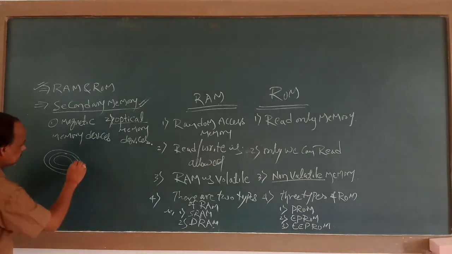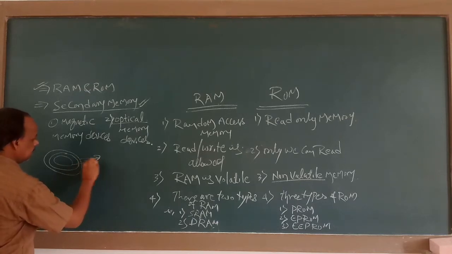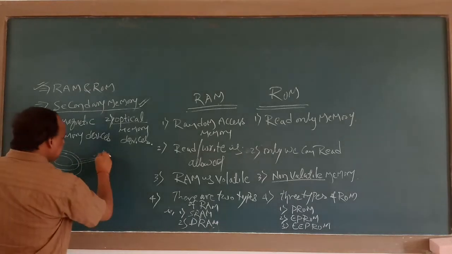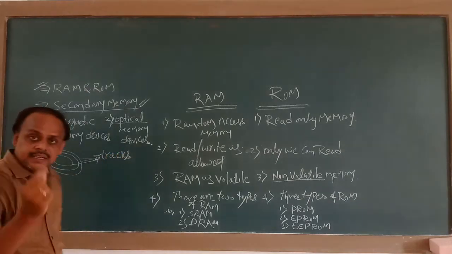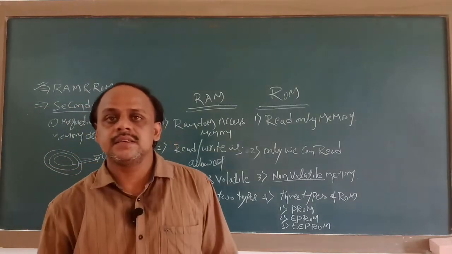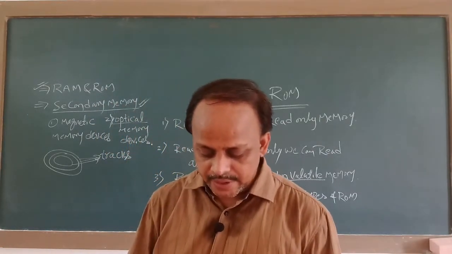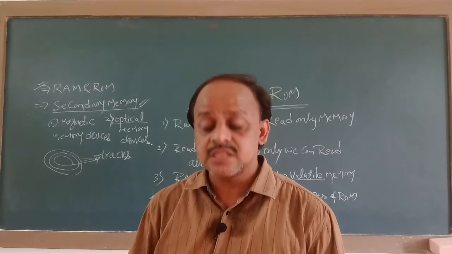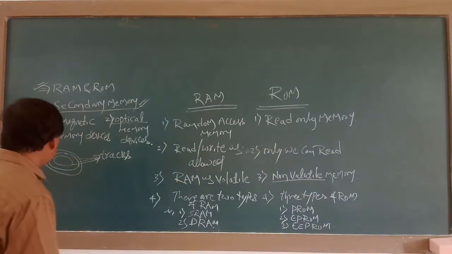So each circle is considered as a track, and the tracks are further divided into various sections called sectors. Just consider any one circle.